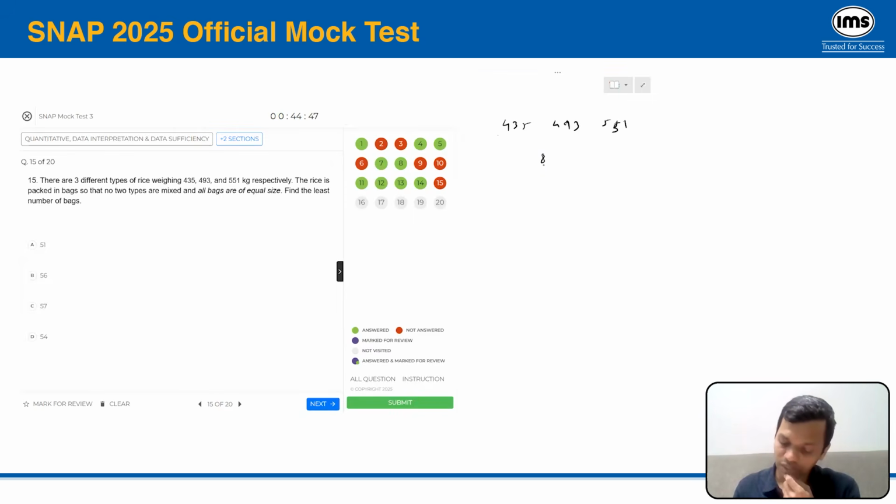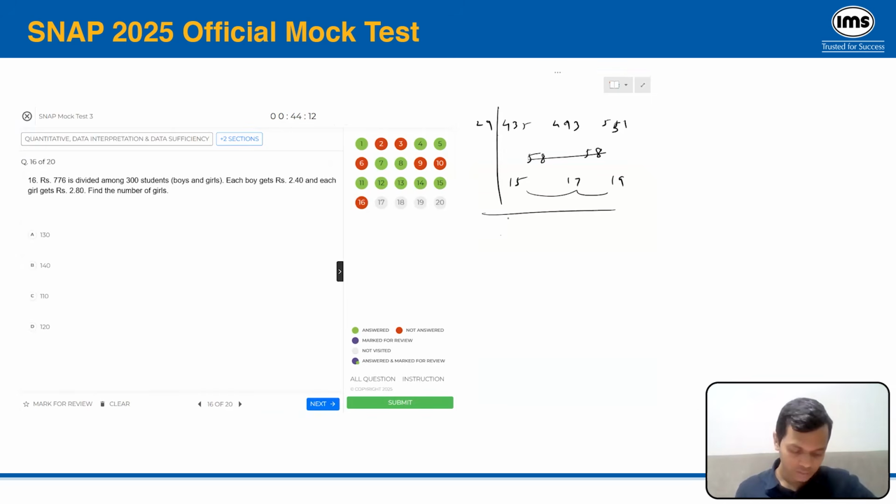If I take the difference, 58. This difference is 58. So multiple of 29. 29, 29 into 15, 29 into 17, 29 into 19. So 15 plus 17 plus 19. That should be 51. Yep.